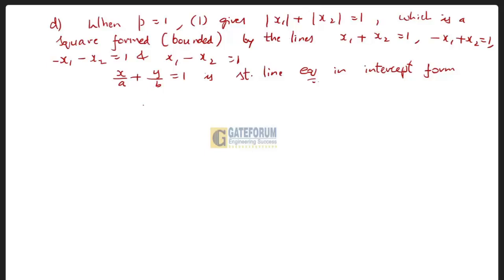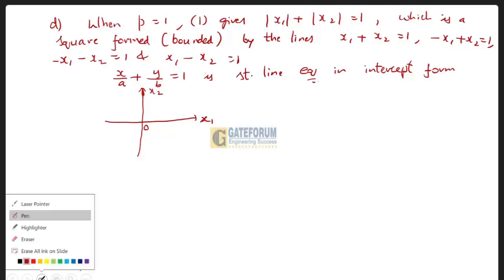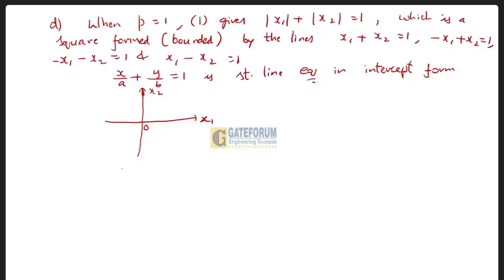Now, the square. Vertical axis taking x2, horizontal axis x1. Sorry, this is origin, and the 4 boundaries, this is 1 unit, this is 1 unit, and this is 1 unit.